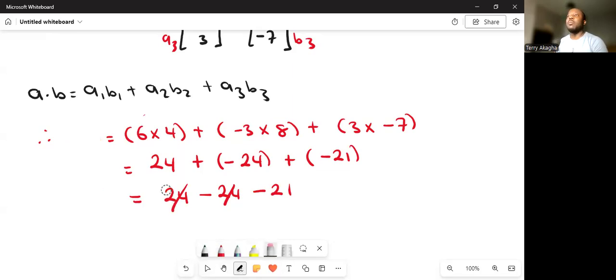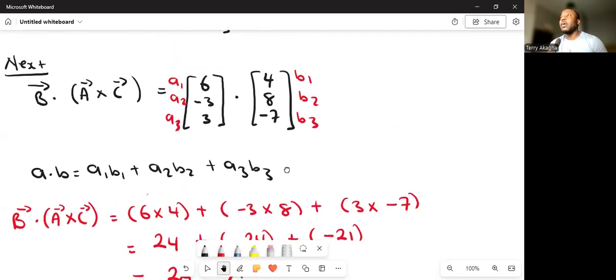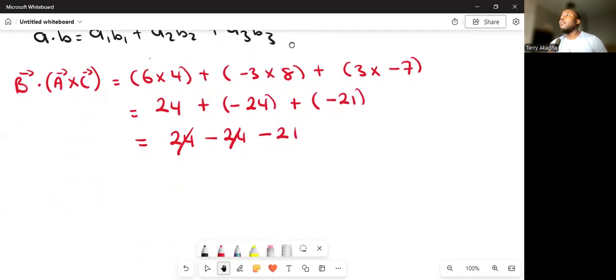so therefore, for the final answer, I think the most appropriate way to represent it is B dot A cross product C. So that will be equal to minus 21.